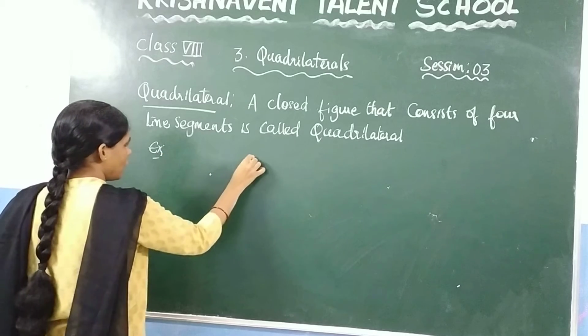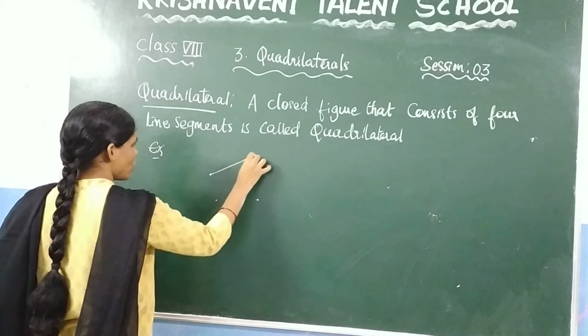So that means if you take any four points in a plane and join them, you will get one quadrilateral.